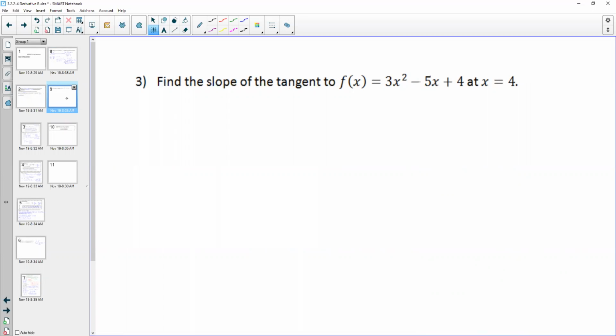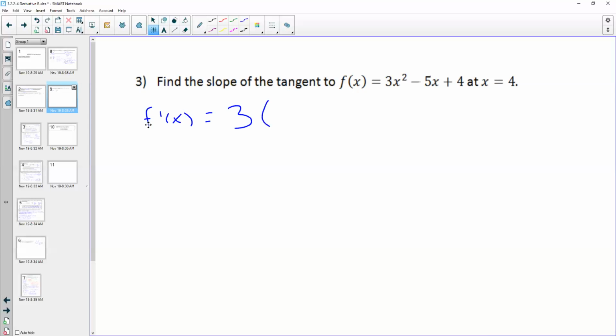Okay, so this guy here, we're going to find the slope of the tangent to f of x. So our function is 3x squared minus 5x plus 4 at x is equal to 4. So let's find f prime of x using our power rule, the derivative of a constant times the function, and the sum and difference rule. Okay, so f prime of x. So we will bring the 3 outside.